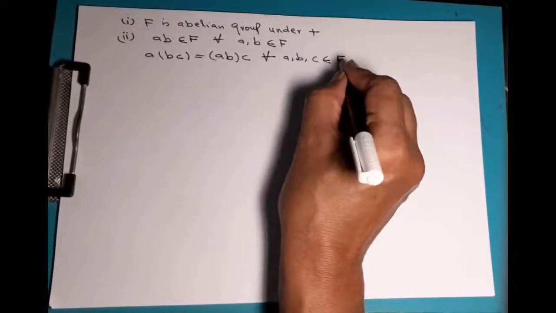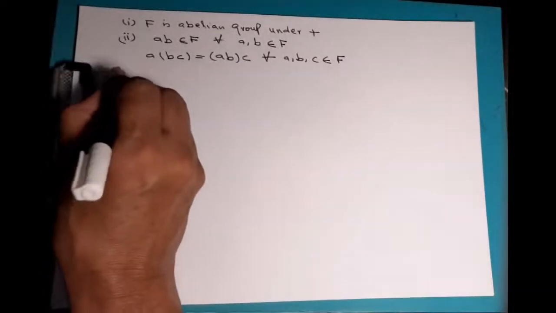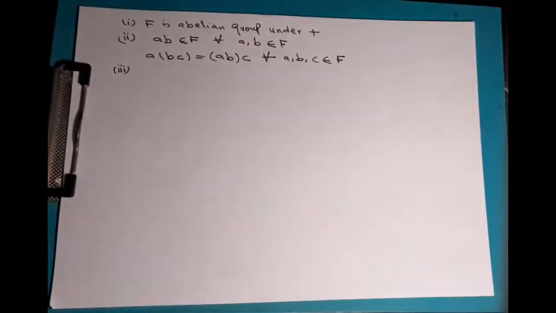So for multiplication, these are the two conditions. And thirdly, multiplication has to be distributive over addition. So this is what we mean.